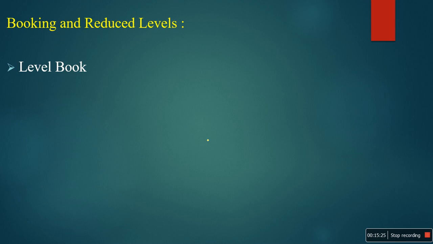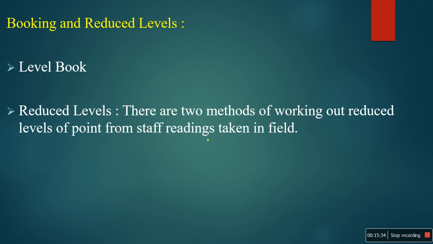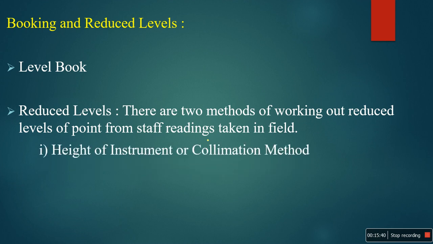Similarly, next is calculation of reduced levels, or elevation with respect to points. For the calculation of reduced level, there are two methods. One is the height of instrument or collimation method.